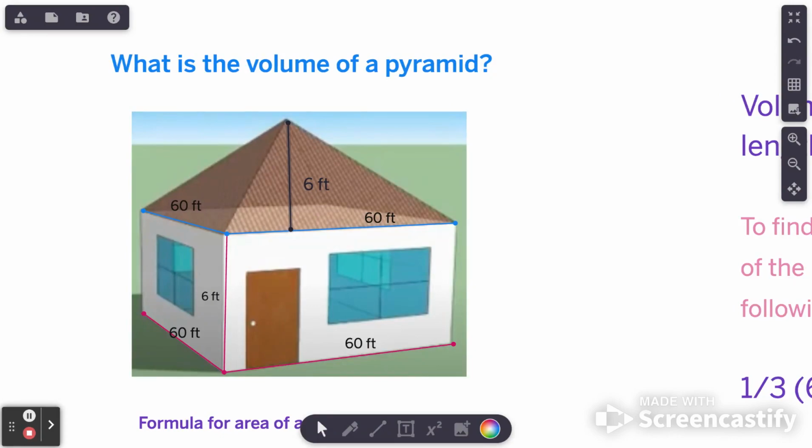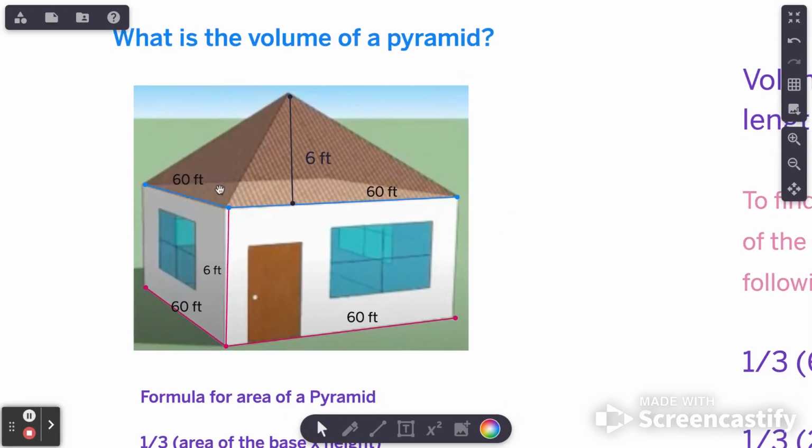Because maybe we're going to make this into a nice cool room and we want to put an air conditioning in there. We need to know how much air we need to be able to cool off in here. So this is a square pyramid, has a base that is a square, it's 60 by 60, and the height of our pyramid is 6 feet.